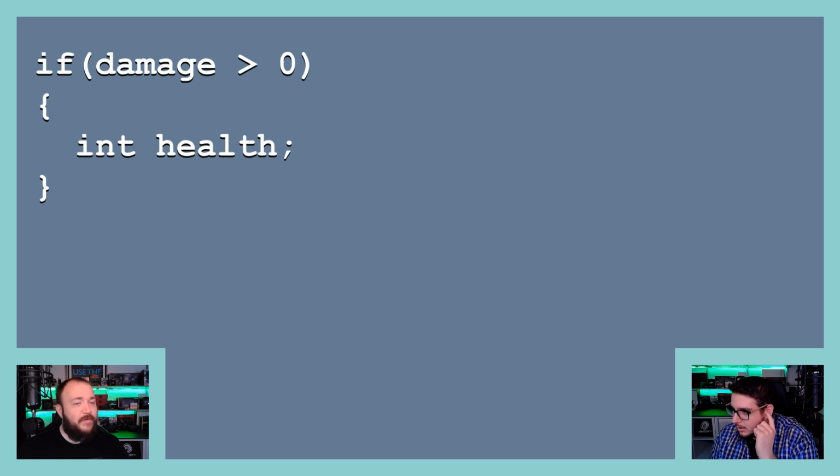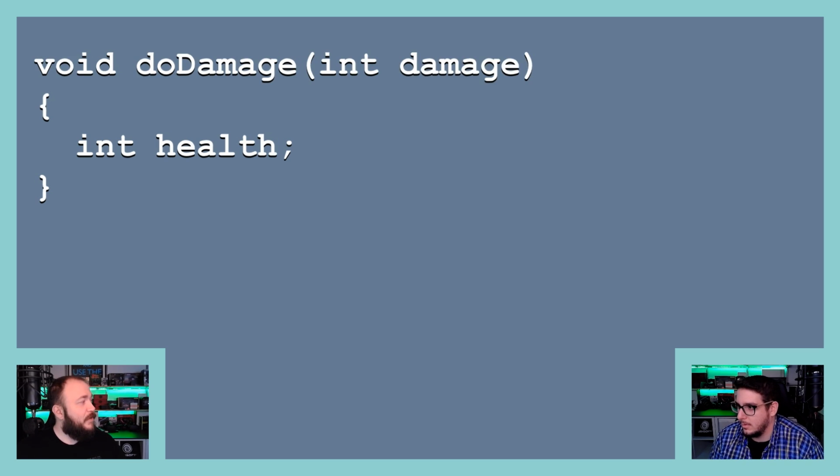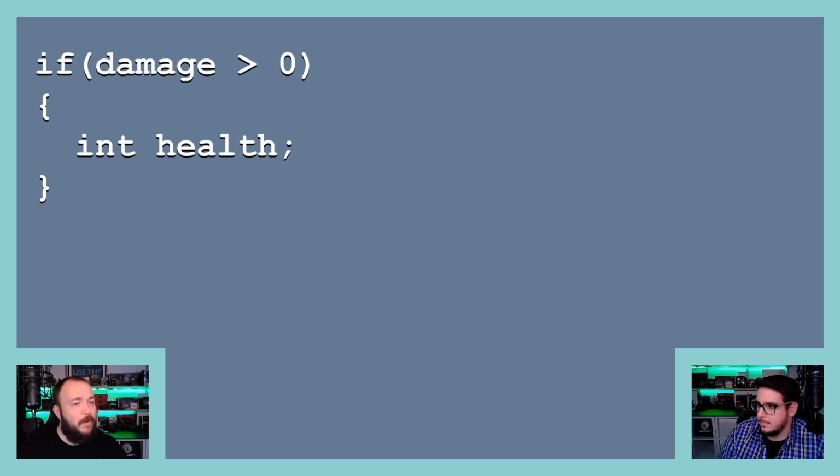But if I have a function that has something to do with health, like do damage, in this case it doesn't return anything. It's a void. So I have a function called do damage. Someone sends in damage as a value, and then we create the health variable and then more code probably below. But you see, if I go back, it's all the same.